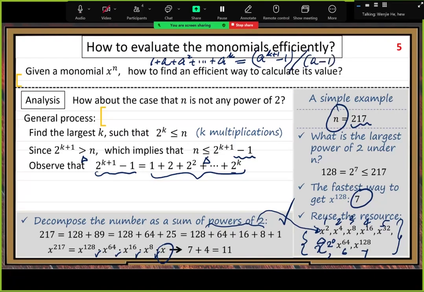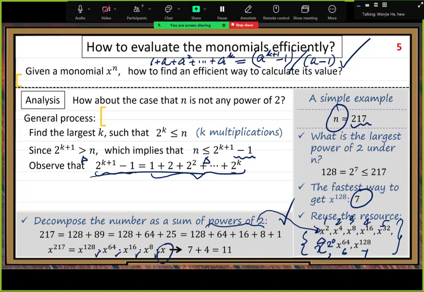Here a equals 2. So the numerator is 2 to the k plus 1 minus 1, and the denominator is 2 minus 1, which is 1, so the denominator is gone. So we have this equality by this formula for the summation of a geometric series.